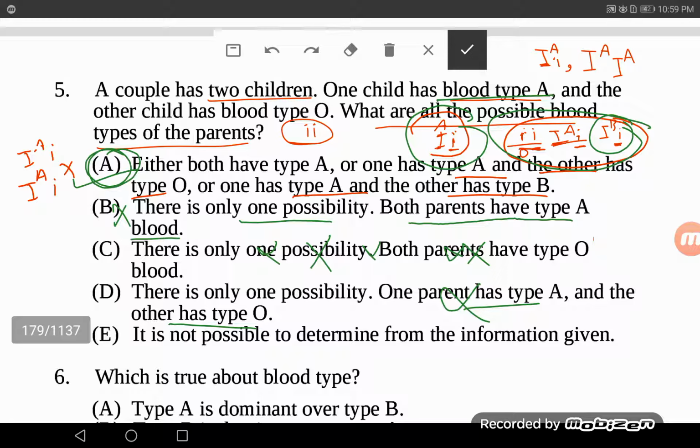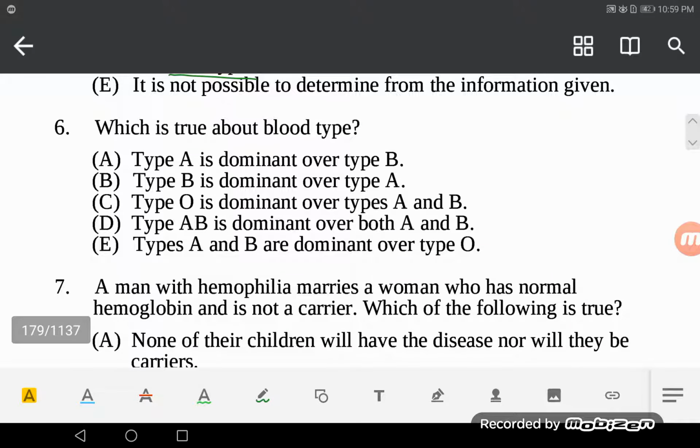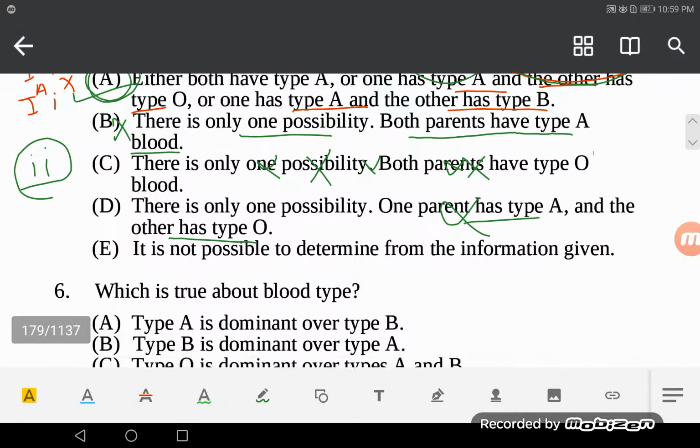The O is always recessive. We should have two alleles carrying O, and then the person will be O blood group. So this is the answer for question 5.